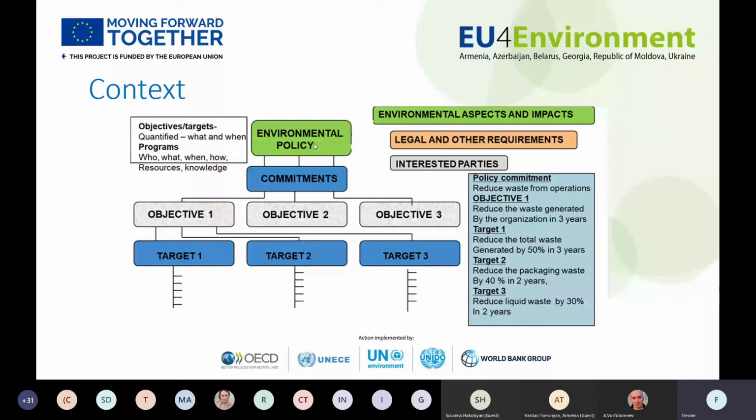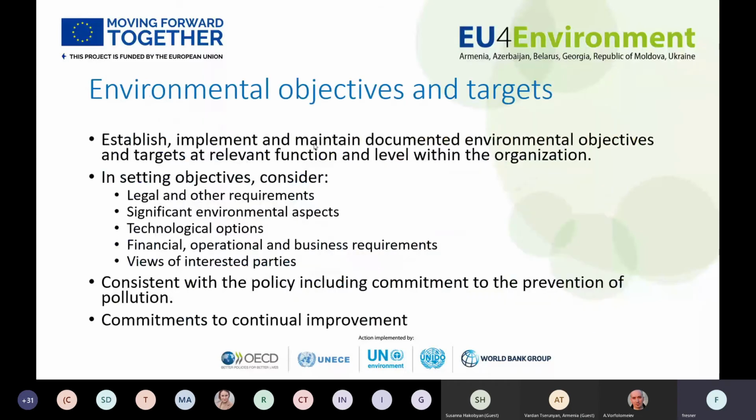So the objective is the more generic level, and the targets are specific targets linked to activities to reach these targets. These result out of the analysis, these consider legal requirements, significant aspects, technical options, and the views of interested parties, which means our stakeholder analysis.